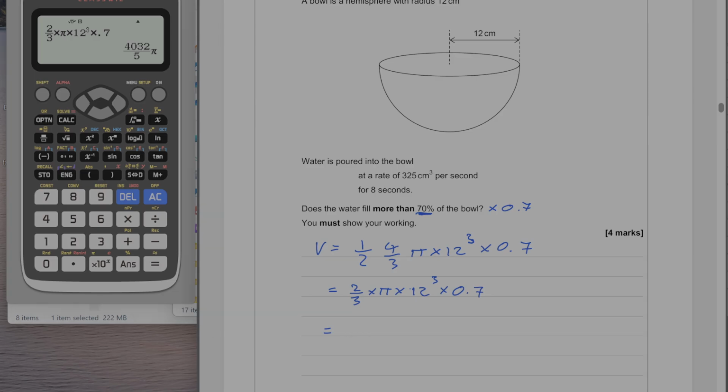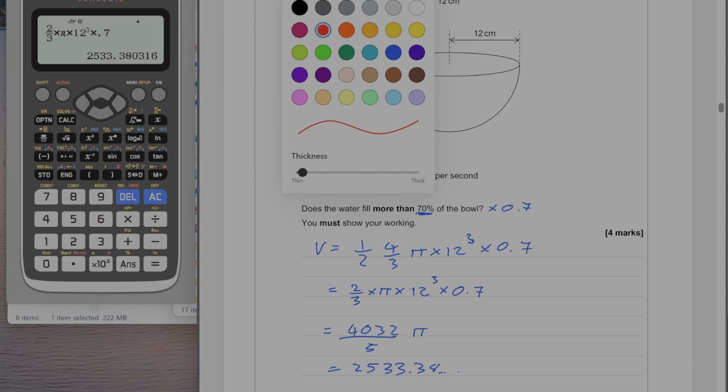I will type it all like that. First of all, 32 over 5 pi. As a decimal, that's going to give me 2,533.3.